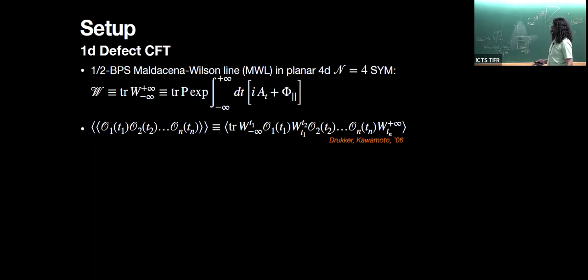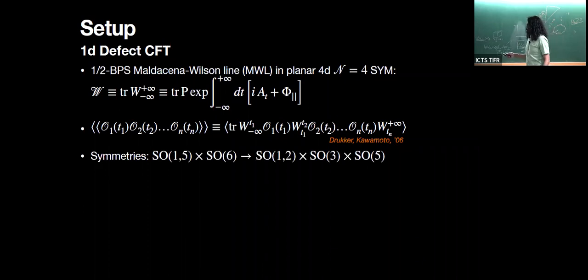It was shown by these authors that this observable satisfies all the axioms of a 1D CFT. You can think about it as an n-point function in a one-dimensional CFT. So that's the setup in which I'm going to work.